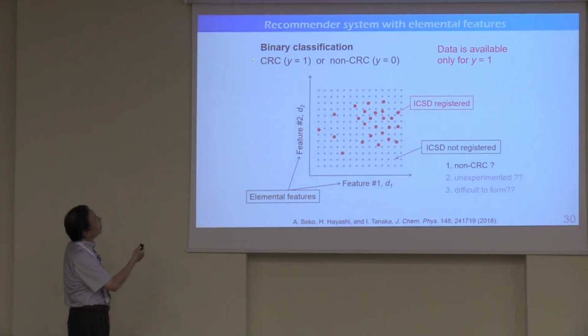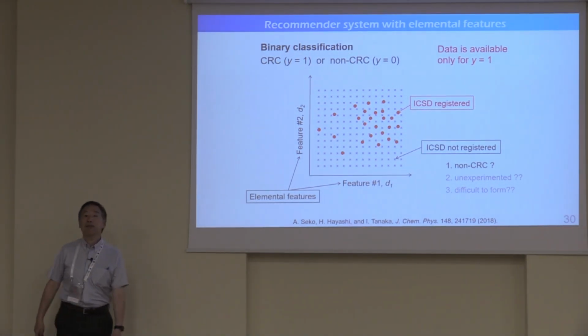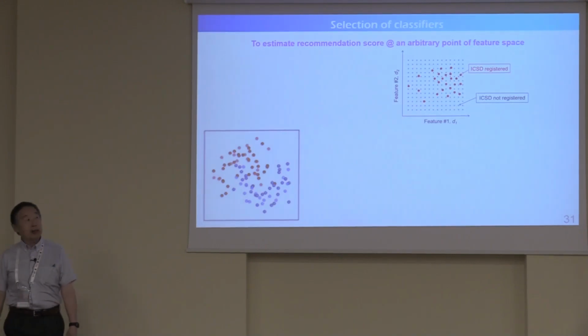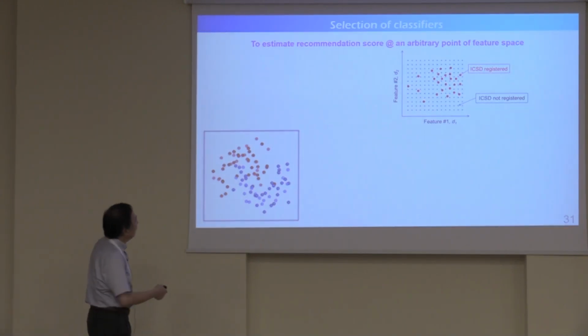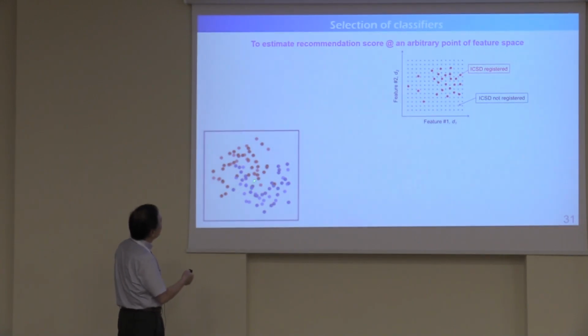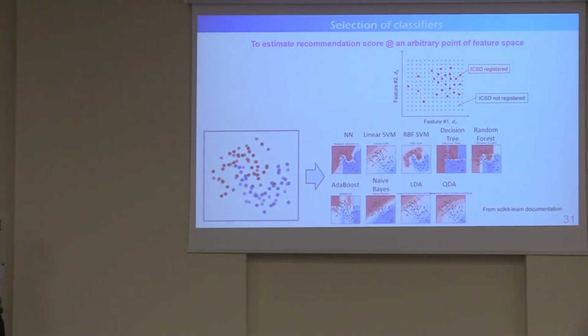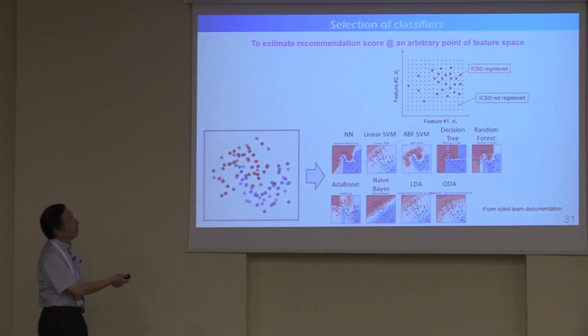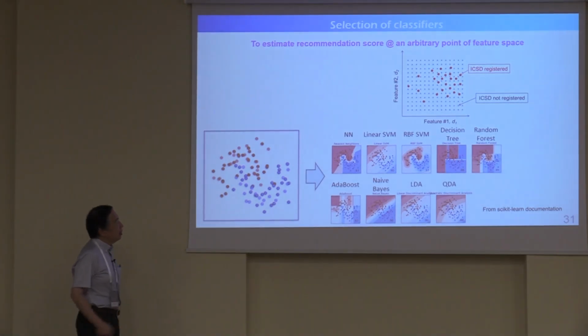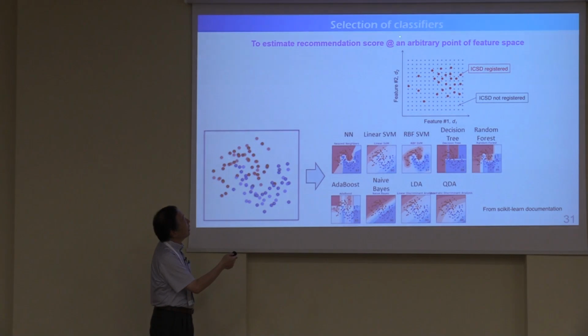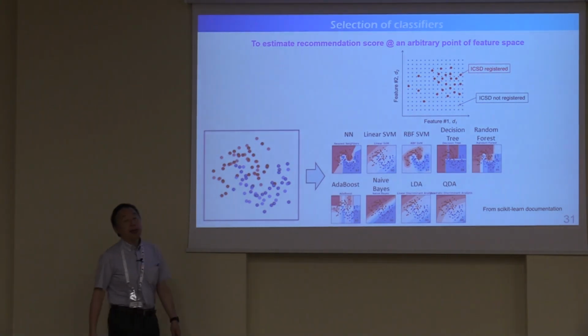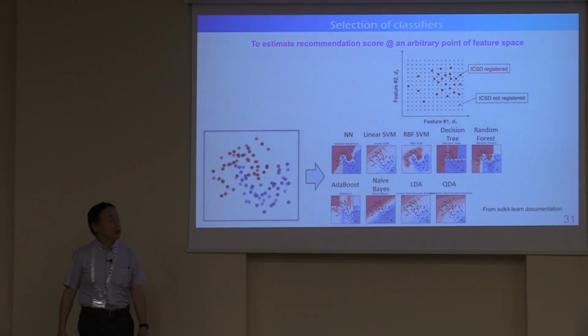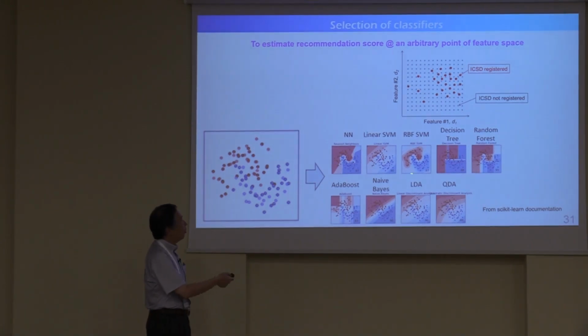And we use a binary classification technique. Binary classification is very simple. If you have blue and red points like this, there are many different ways to make the red zone and blue zone, something in between. These are called classifiers, and depending on the choice of classifier, the results are sometimes totally different.